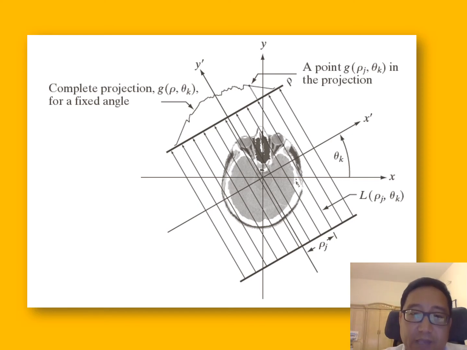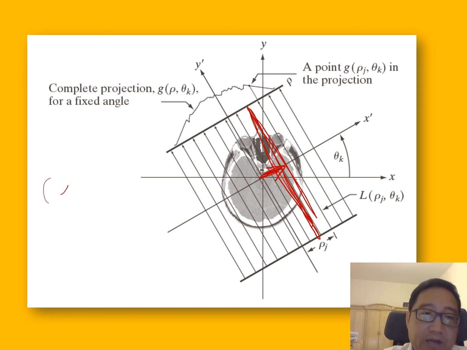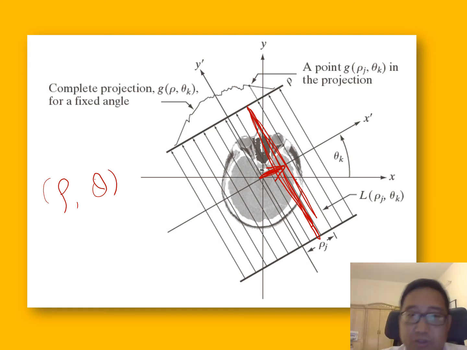Each ray here can be specified by the distance to the origin. So if you look at this ray at this location, there's a distance from the center, which we call rho, and then the rotation angle is theta. So a pair of rho and theta specify a particular line.